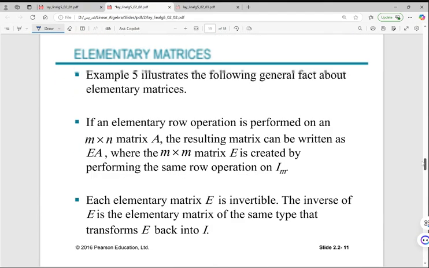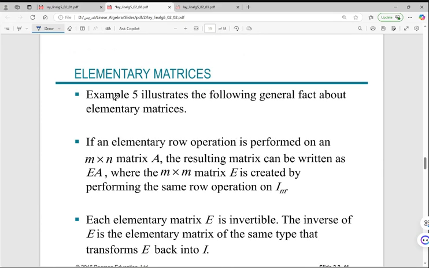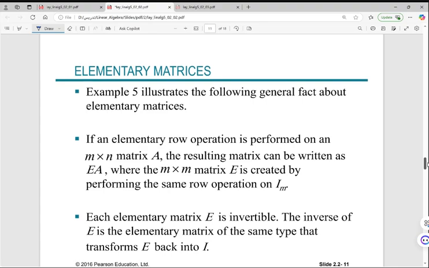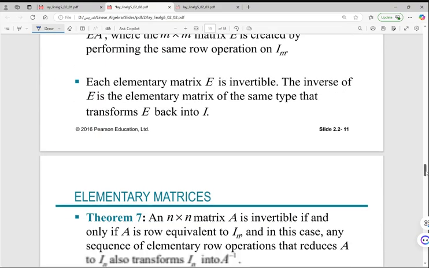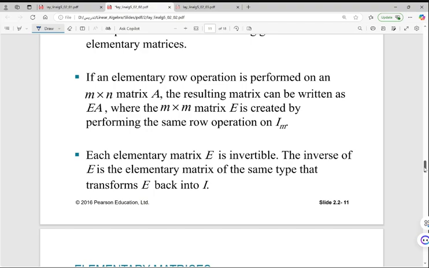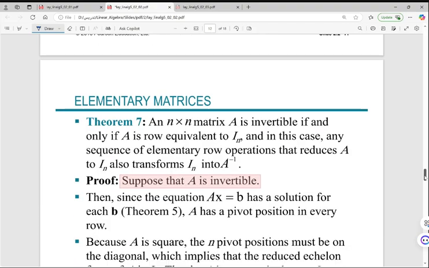Okay. So we can stop here. If you have any question, you can ask. Please keep these definitions of elementary matrix in your mind.